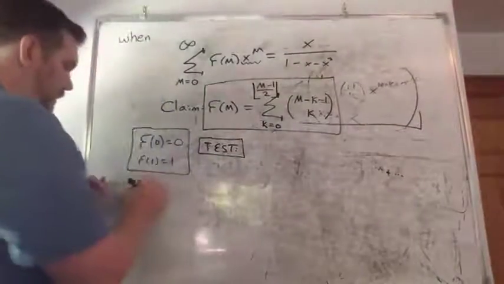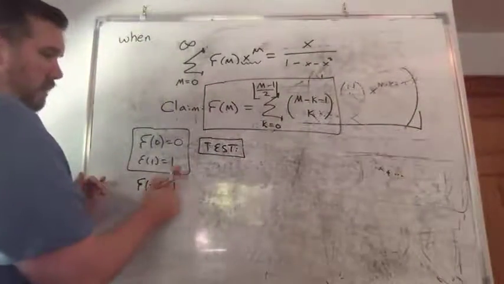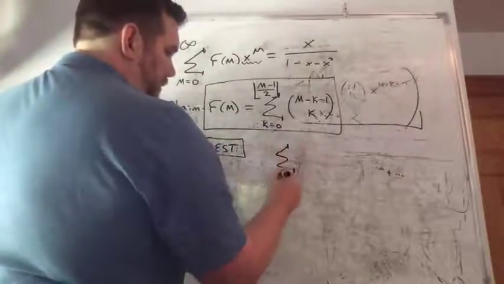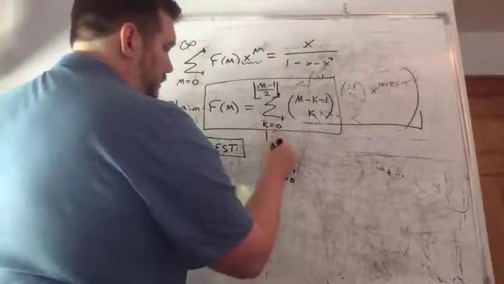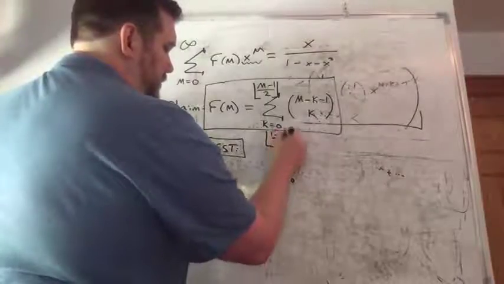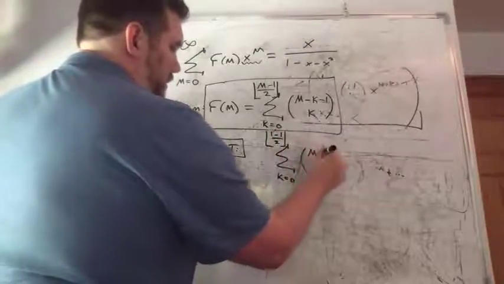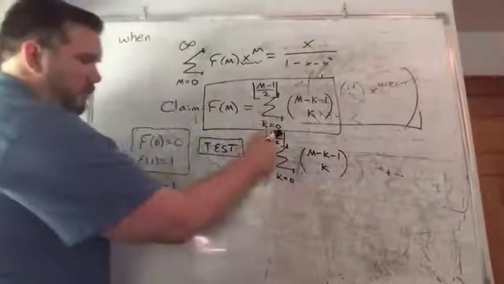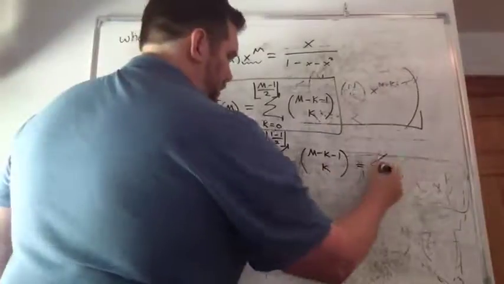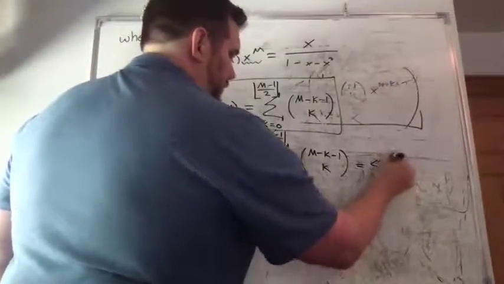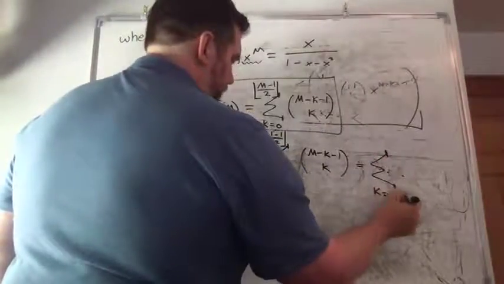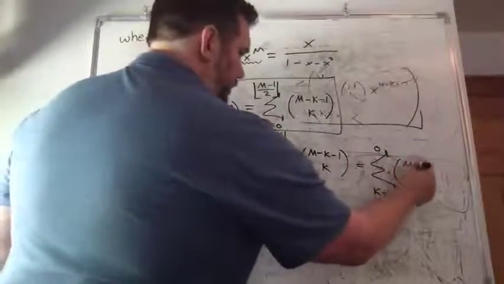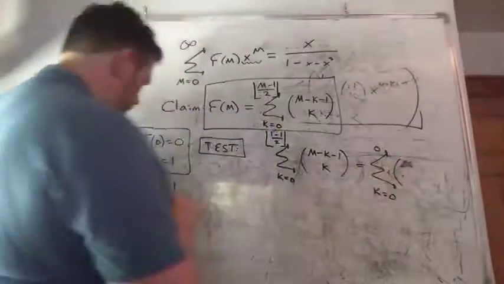So I know over here that f of 2 should be equal to 1. And over here I'm going to say, what is the sum from k equals 0 to the floor of (m minus 1) over 2 of (m minus k minus 1) choose k. I'm sorry, it's the sum from k equals 0 to 0. In this case, m is equal to 2.